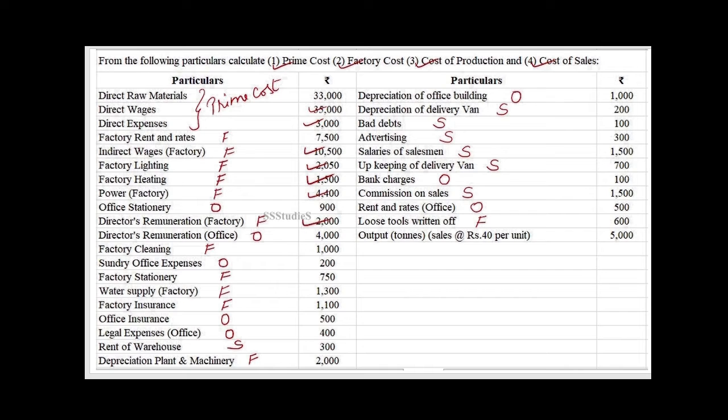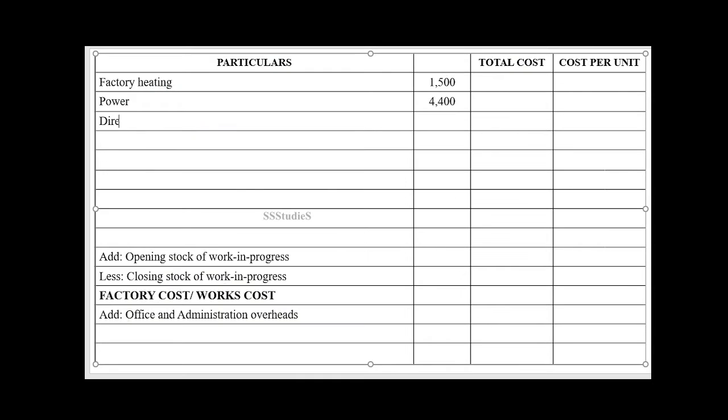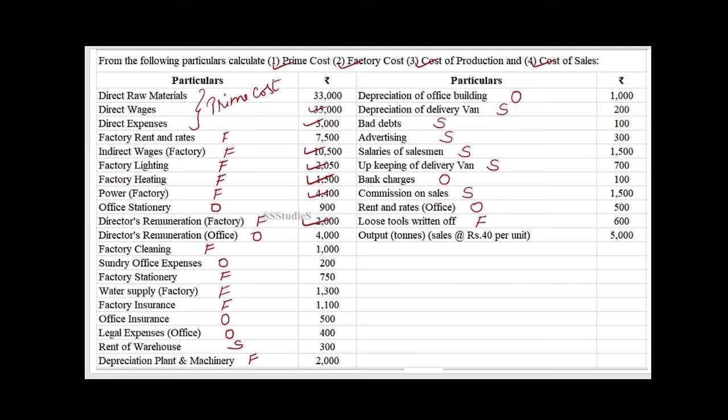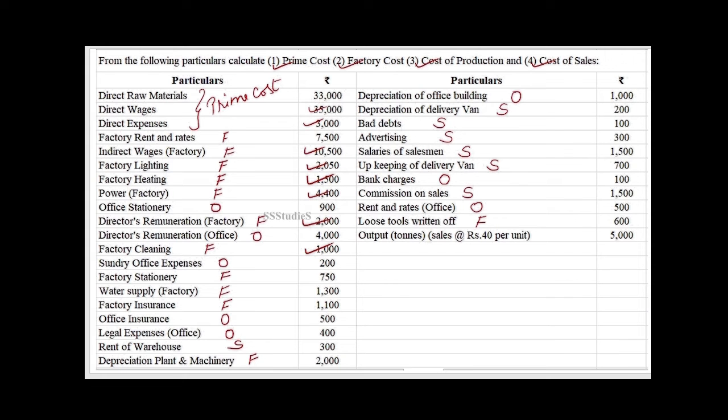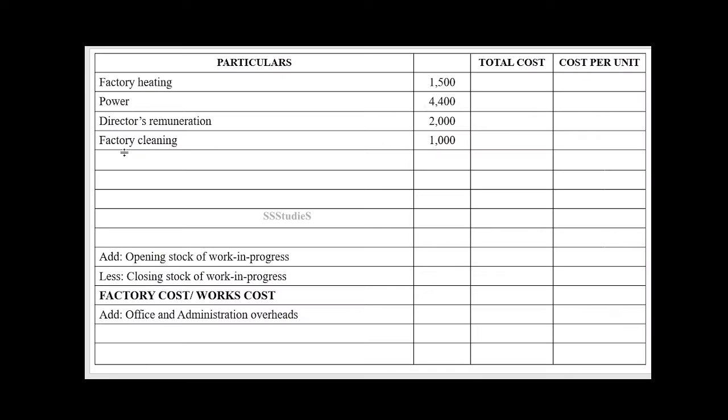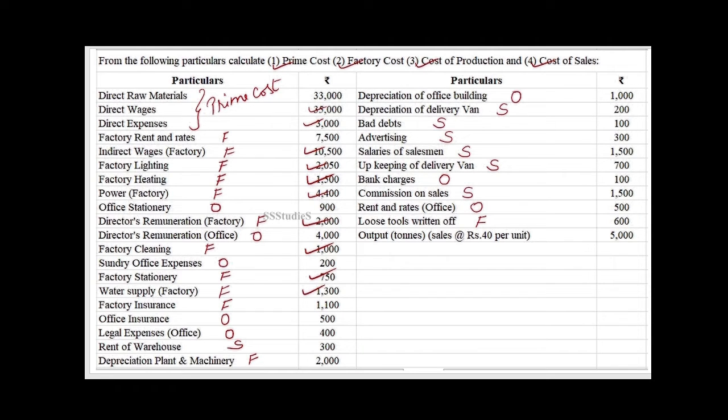Then director's remuneration, 2,000. Factory cleaning, 1,000. Factory stationery, 750. Water supply 1,300.